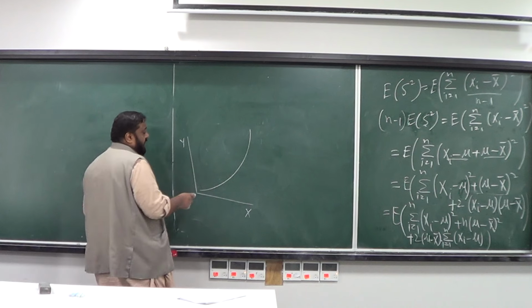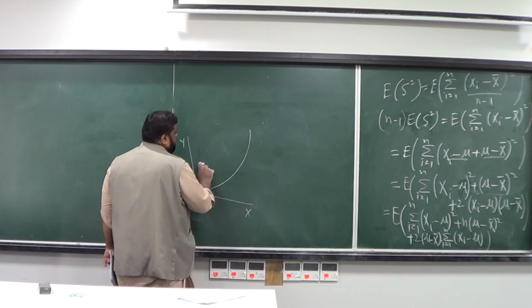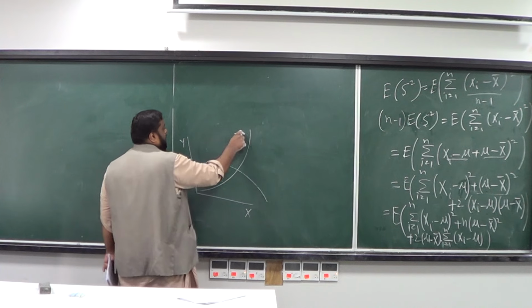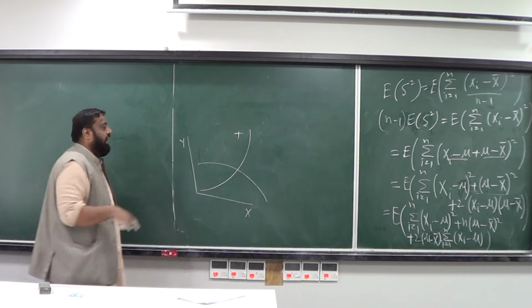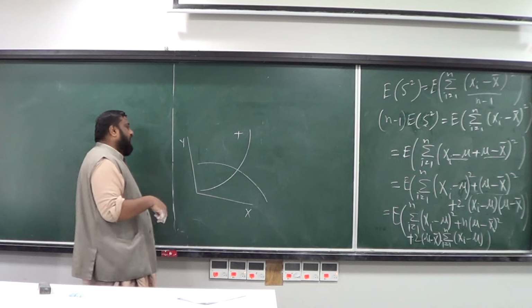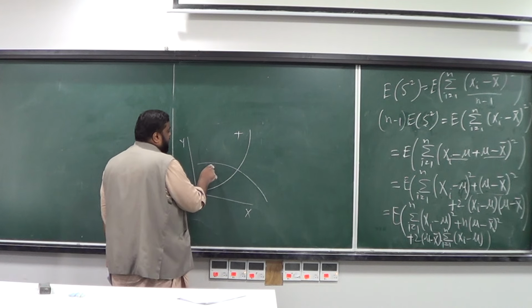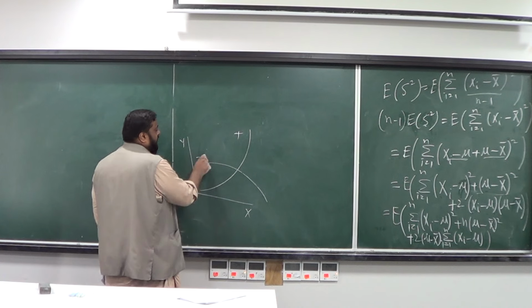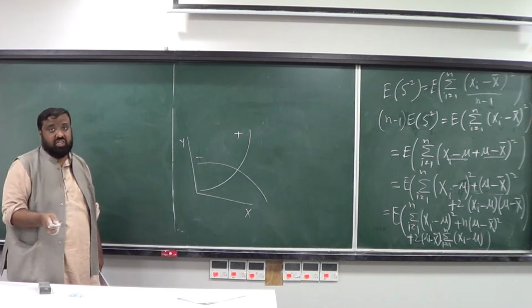It could be the case that as x is increasing, y is decreasing, or that as x is decreasing, y is increasing. So you have a negative relationship between each other.